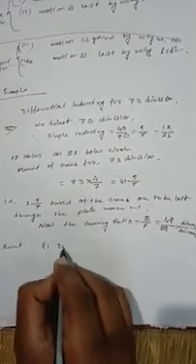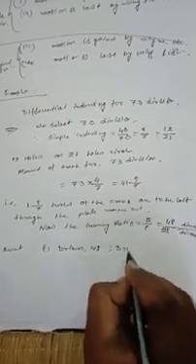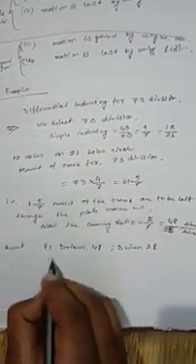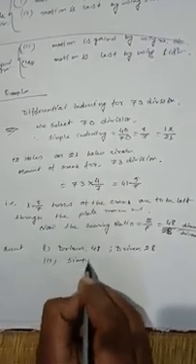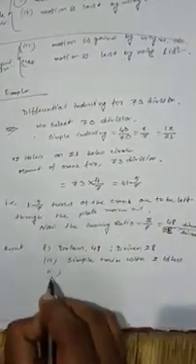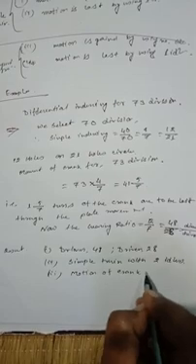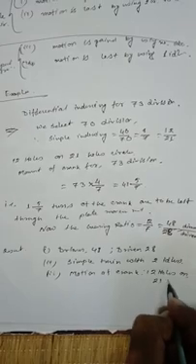Result: number 1, driver is 48 and driven is 28. Number 2 is simple train with 2 idlers, and number 3 is movement of crank is equal to 20 holes on 21 hole circle.